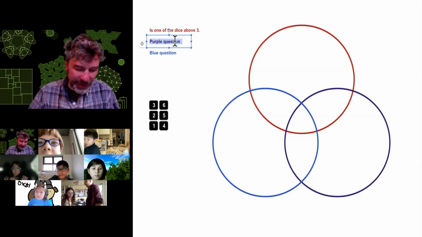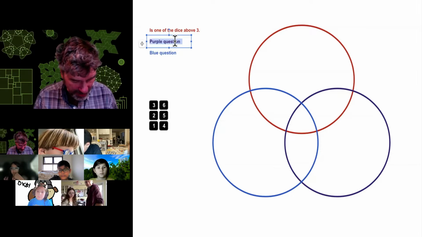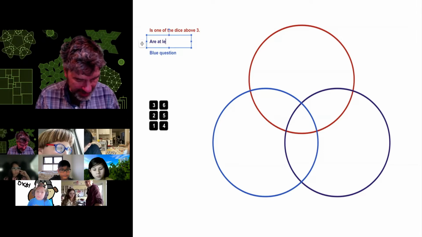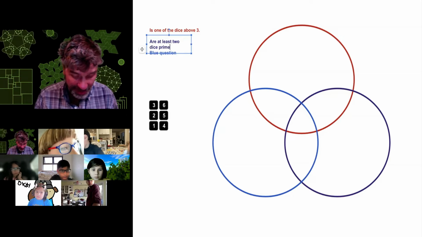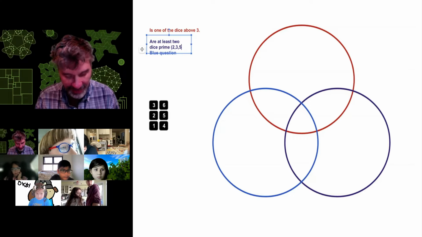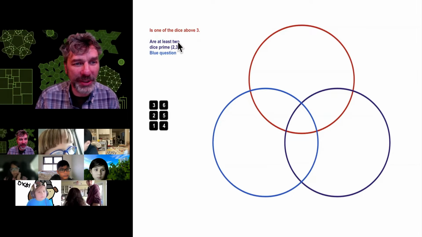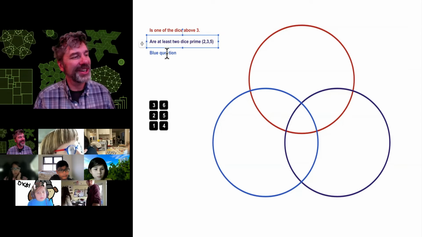Yeah, this is for grade 5s plus. So yeah, we can talk about prime. Are at least 2 dice prime numbers? That would mean 2, 3, and 5, because we're just dealing with a normal dice. There we go. So exactly, we could ask that question.